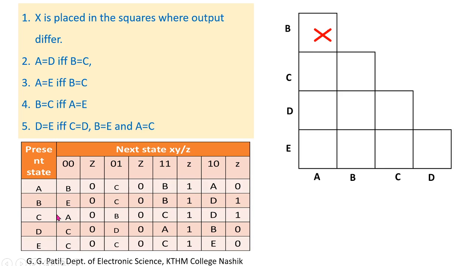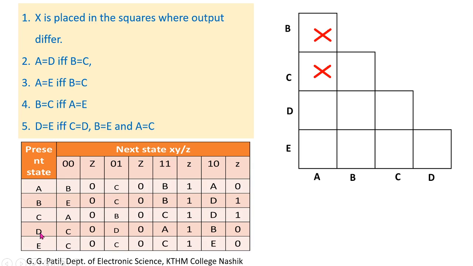Then check the next pair, AC. Check the outputs: 0 0, 0 0, 1 1, and 0 1. So these states cannot be equivalent, and a cross mark is placed, which indicates that the two states cannot be equivalent. Then check AD.